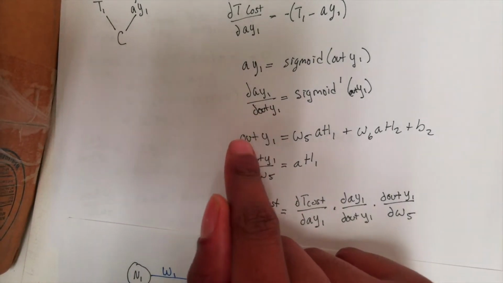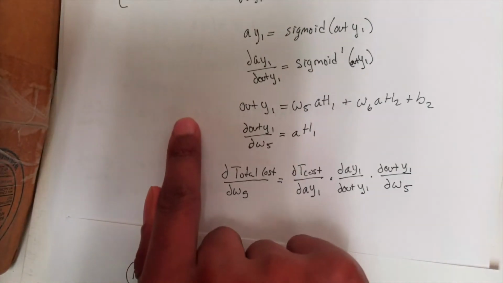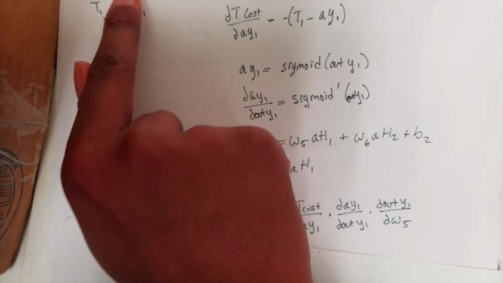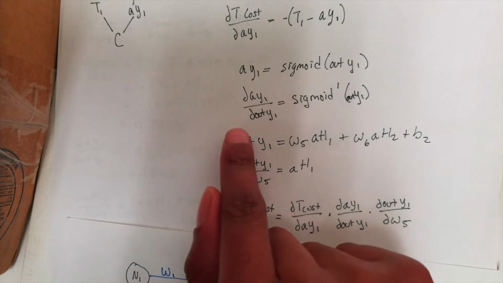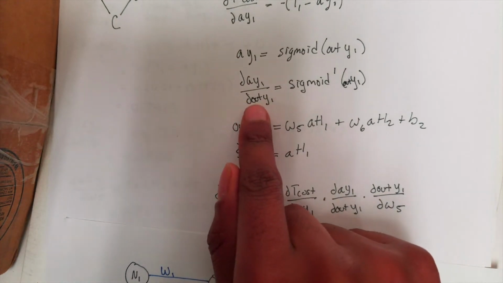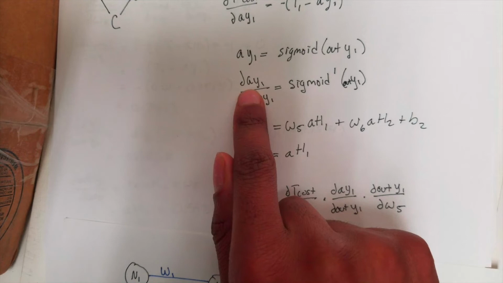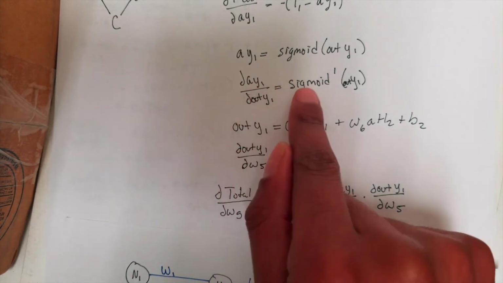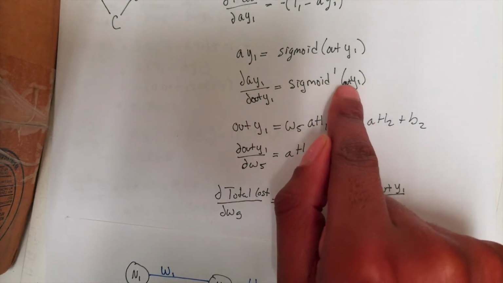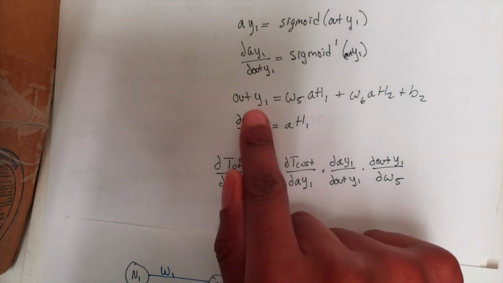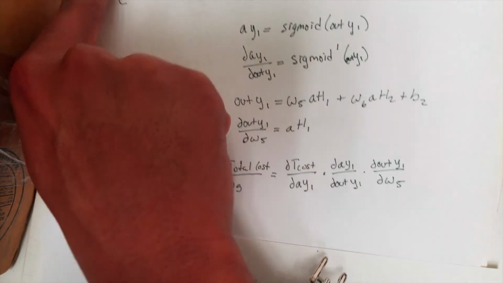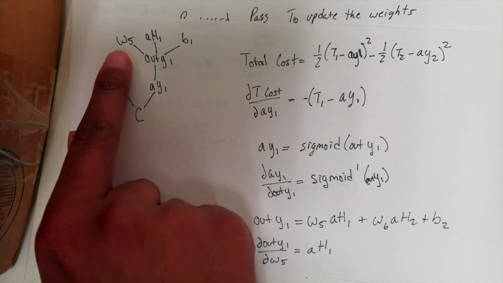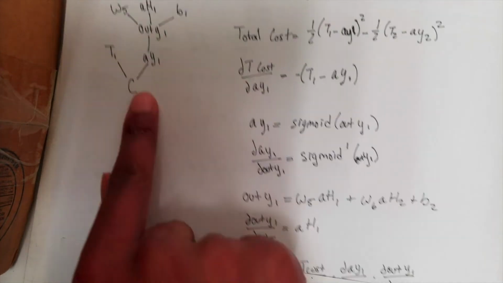All we're doing with these steps is seeing the contribution each one of these pieces has to the error all the way back to the weight 5. Like I said, we're at this output of Y1 step, and the contribution that the output of Y1 has with respect to the activation of Y1 is sigmoid prime of the output of Y1. Now we're trying to find the specific contribution weight 5 has to the error.